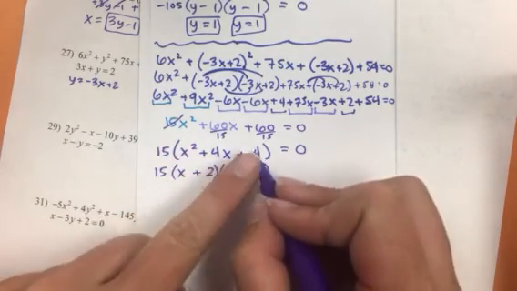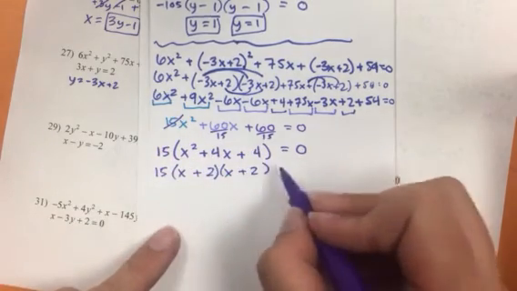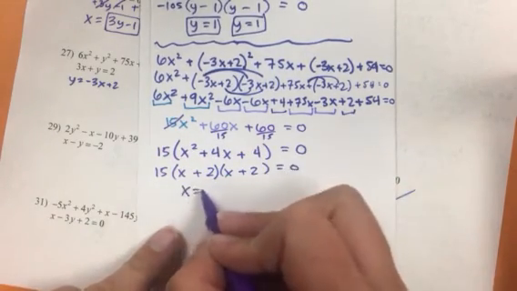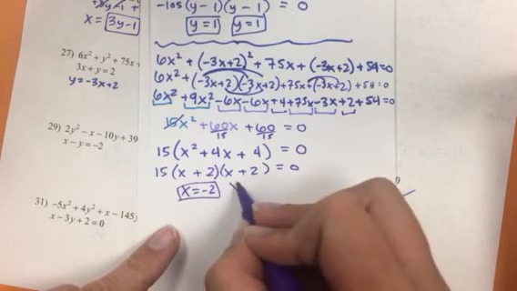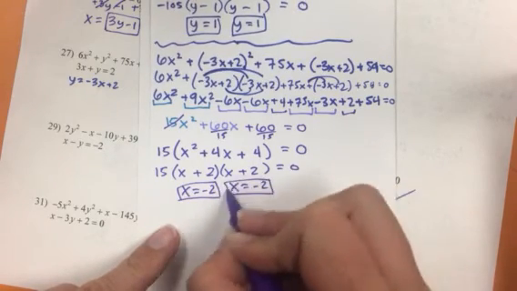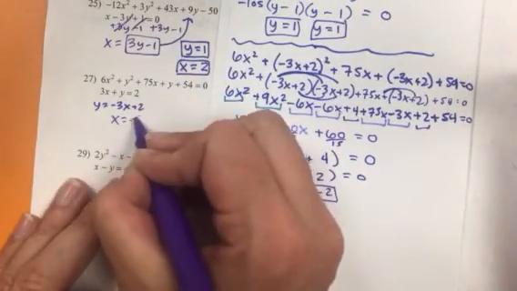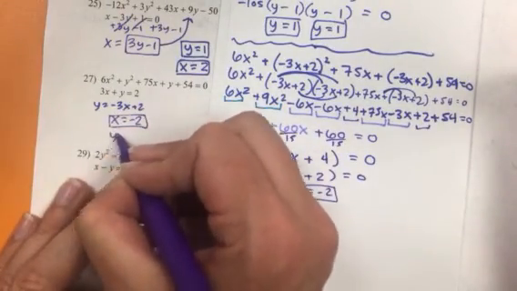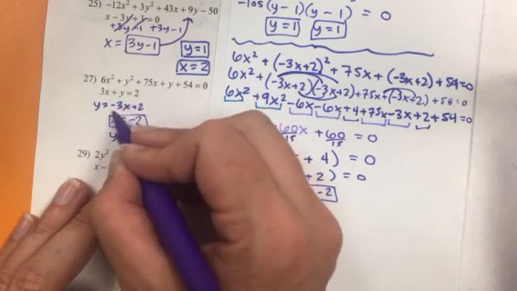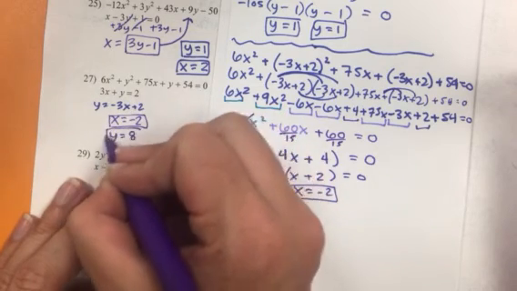X squared, positive 4, positive 4. X equals negative 2, x equals negative 2. That means I only have to plug one in. So y equals 6 plus 2 is 8.